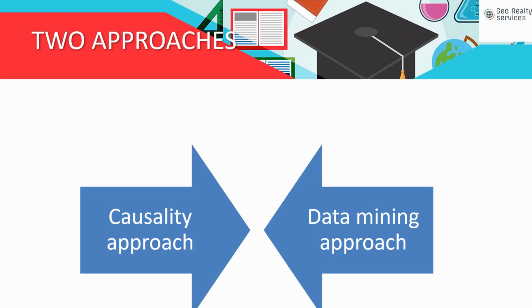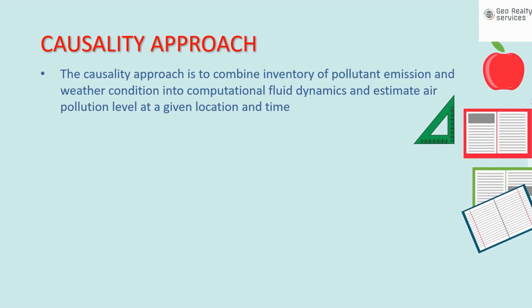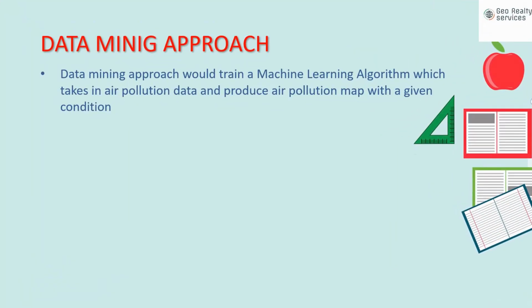The causality approach is to combine an inventory of pollutant emission and weather condition into computational fluid dynamics and estimate the air pollution level at a given location and time. The data mining approach will train a machine learning algorithm which takes in air pollution data and produces an air pollution map of a given condition.